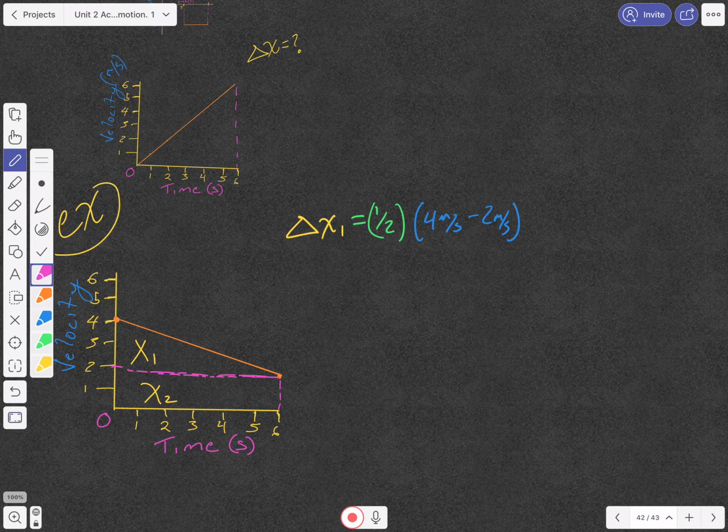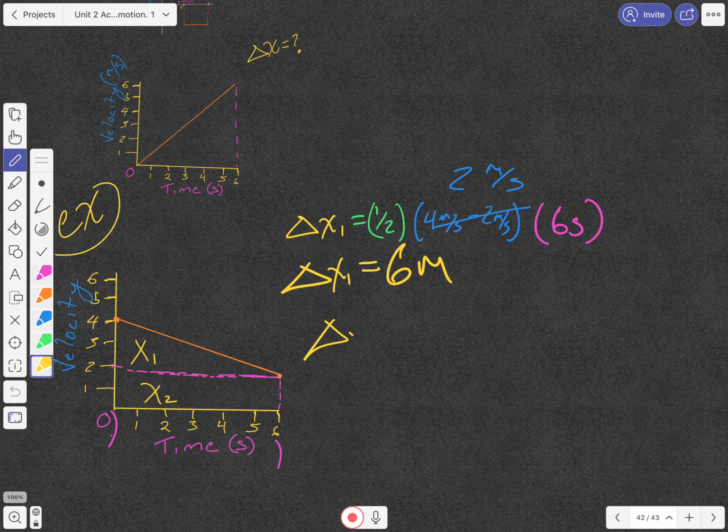And our time is going to be from 0 to 6, so 6 minus 0 is going to give us 6 seconds. And 4 minus 2 is going to just give us 2 meters per second. And so 2 times 6 is 12 times 0.5. We are back to 6 meters. So delta x1 is equal to 6 meters.